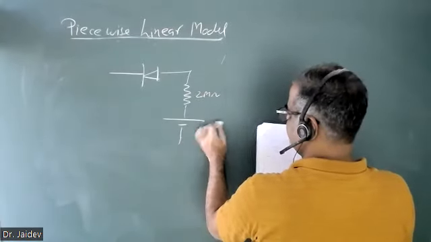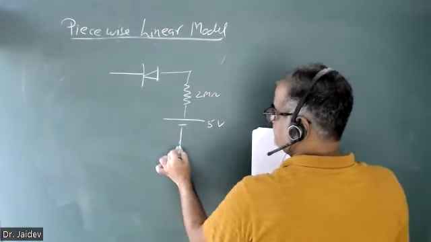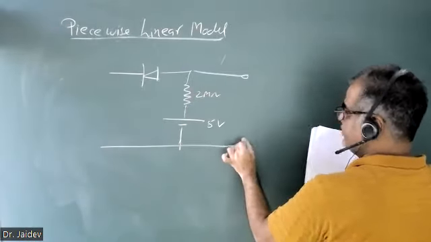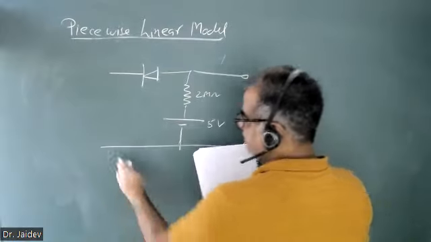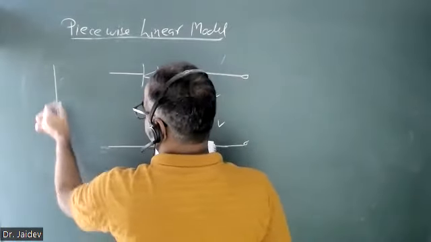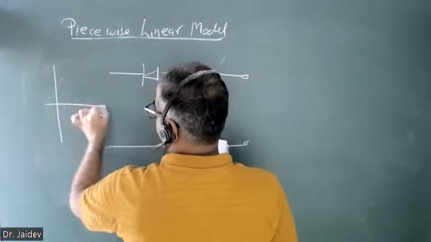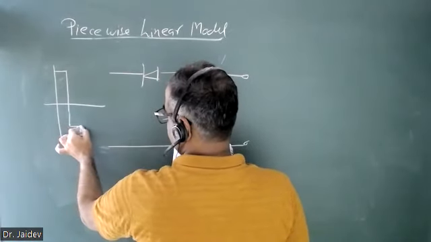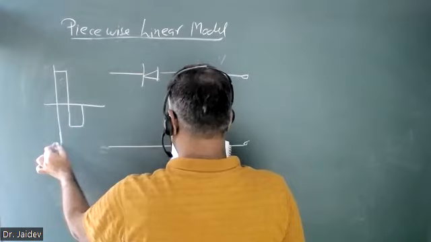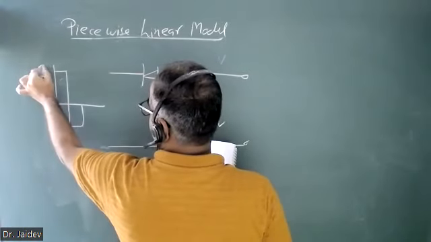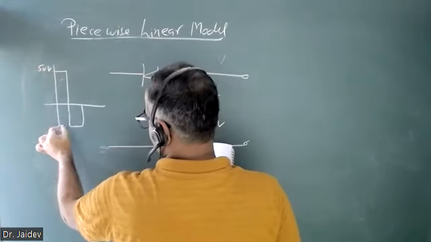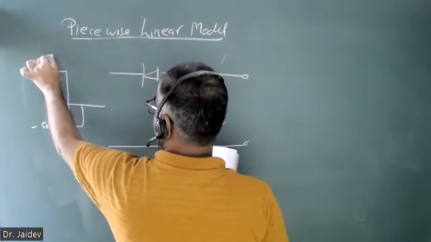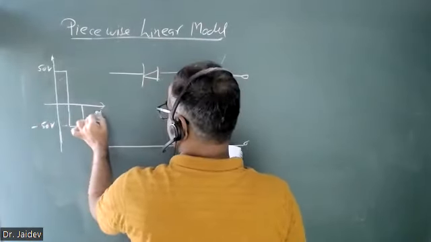Here you are taking the output, and here you are applying a pulse of 50 volts to minus 50 volts, with time period T.